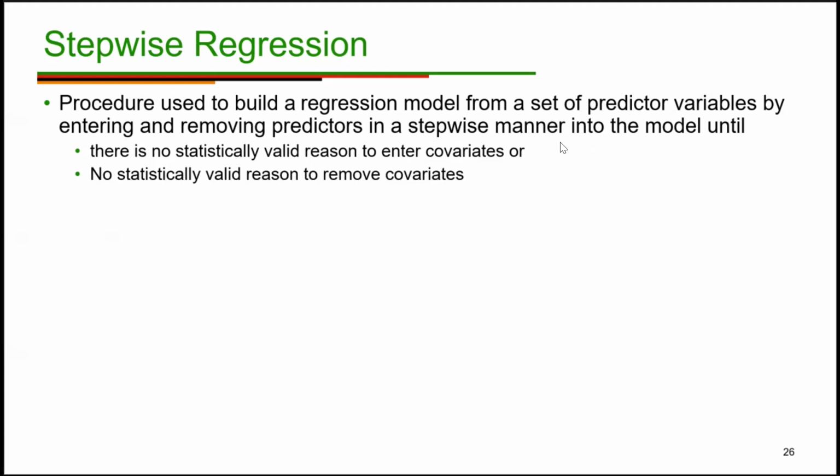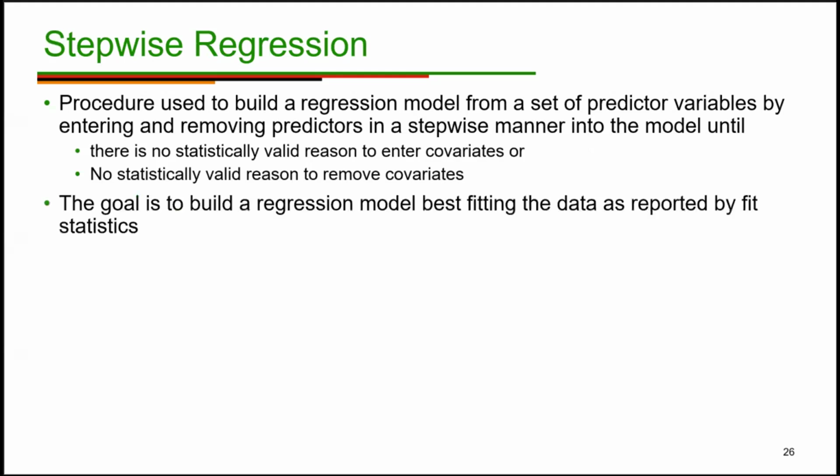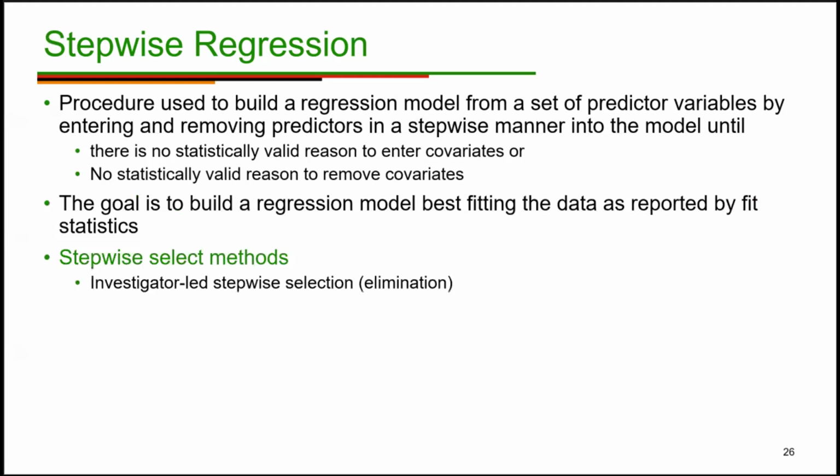And there are two things that you use, basically the AIC and the BIC, and also the p-values, to see how these values change overall as you add or remove variables in your multivariable model. Basically, the goal of this is to find a model that best fits the data, as reported by the fit statistics that we talked about: log likelihood, adjusted R-squared, AIC, and BIC in that regard.